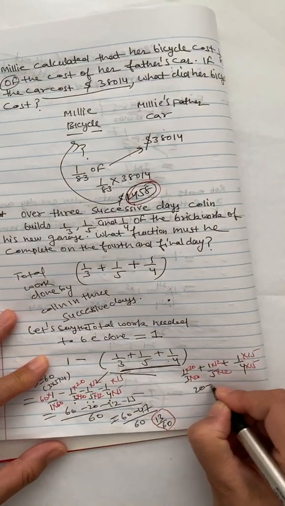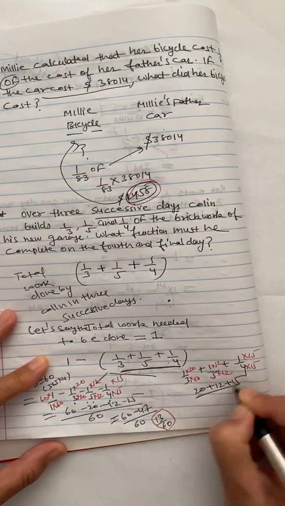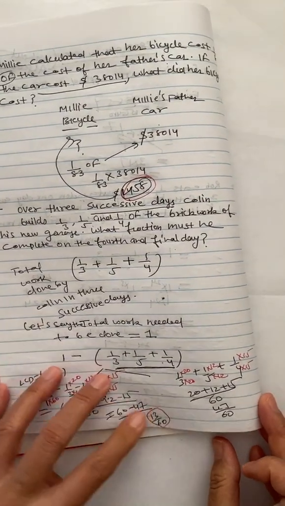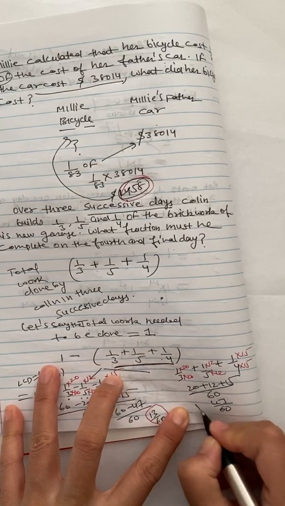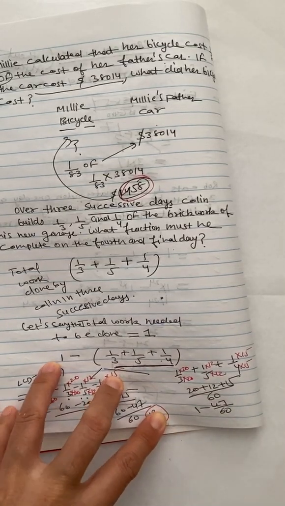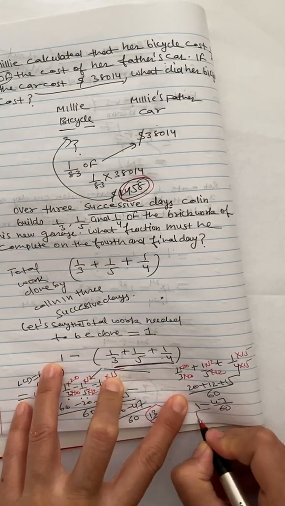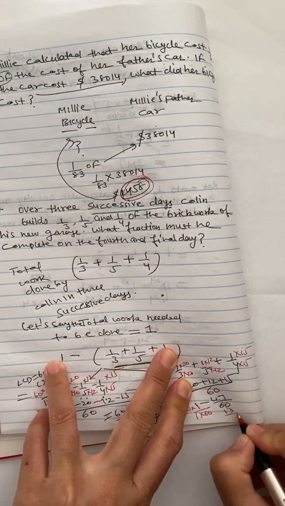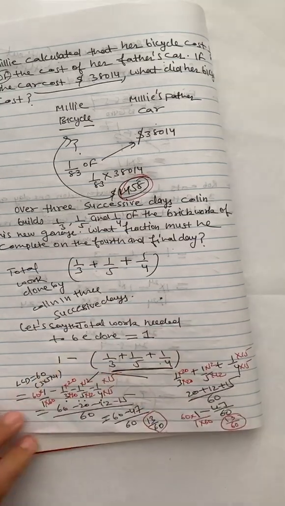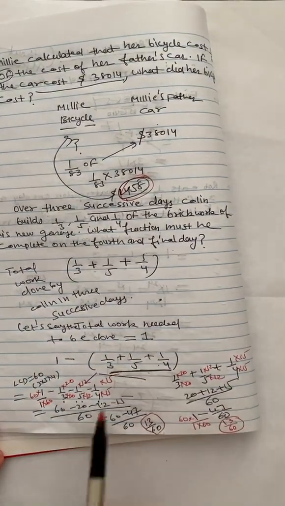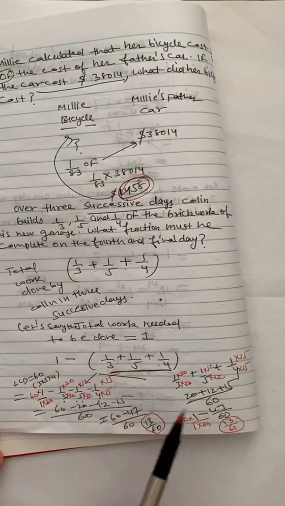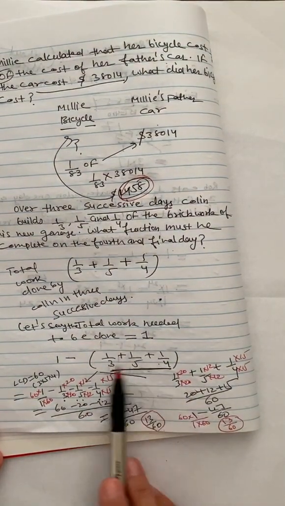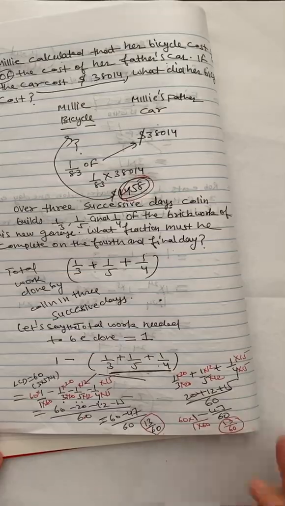So that is 20 plus 12 plus 15 over 60, which is 47 over 60. And now you have to do 1 minus 47 over 60, and then do the same thing again, which gives you 13 over 60. So it's up to you whether you want to open the bracket and then simplify it, or without opening the bracket, first simplify whatever is in the parentheses and then do 1 minus.